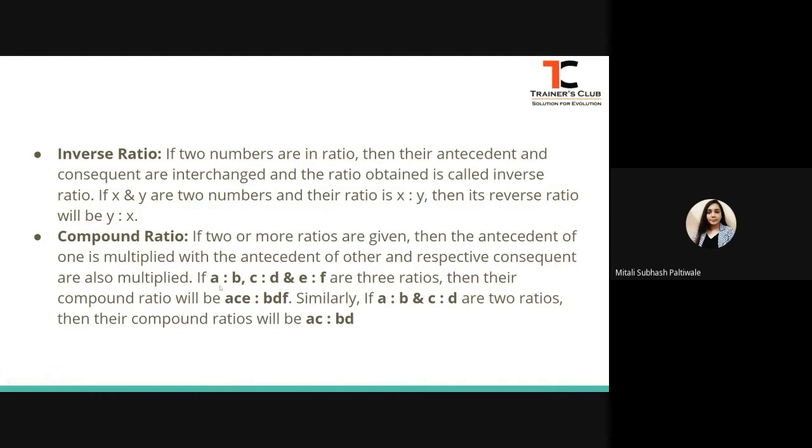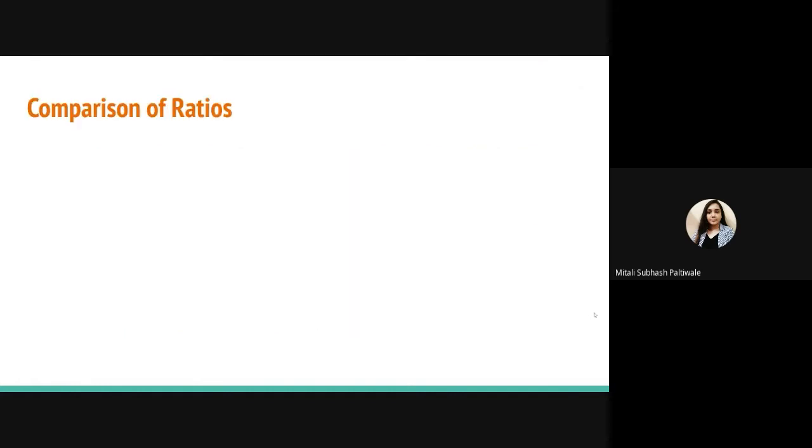That means if you have A is to B, C is to D, and E is to F as the ratios, then the compound ratio is ACE is to BDF. Similarly, if you have two ratios, A is to B and C is to D, you again multiply antecedents and consequents, so it would be AC is to BD.